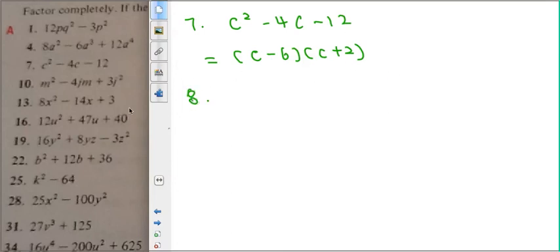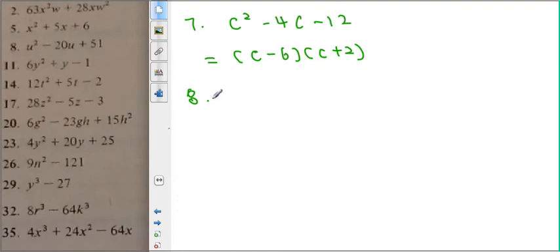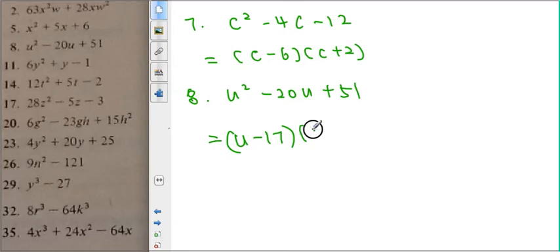Number 8. u squared minus 20u plus 51. Which two numbers multiply to 51 but add up to negative 20? 51 is made out of 3 and 17, so in fact we'll end up getting u minus 17 times u minus 3. That's exactly what we end up getting.